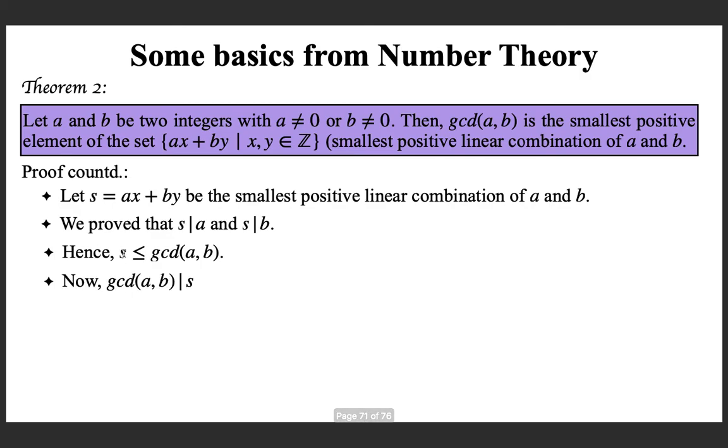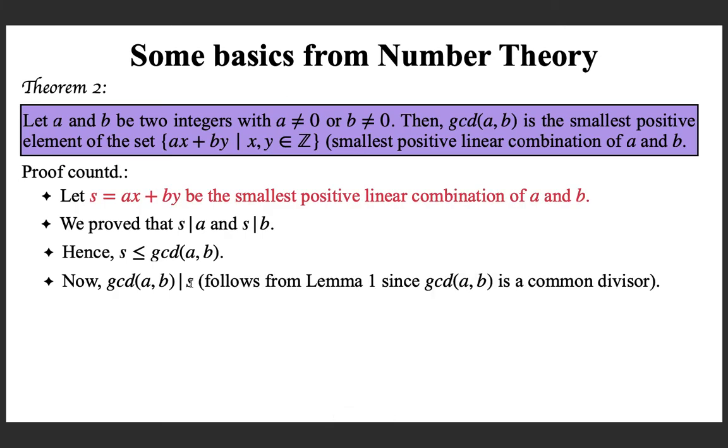Now, GCD of A and B divides S. Why? Because it follows from lemma 1, since GCD of A and B is a common divisor for both A and B. Lemma 1 says that if D is a common divisor for A and B, then D must be a divisor for any linear combination of A and B, right?